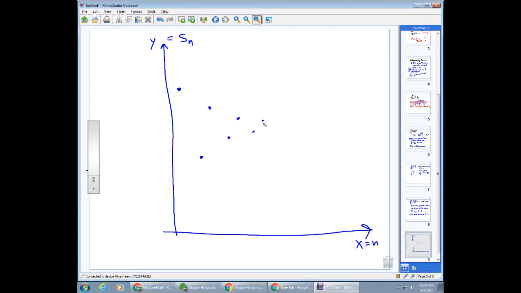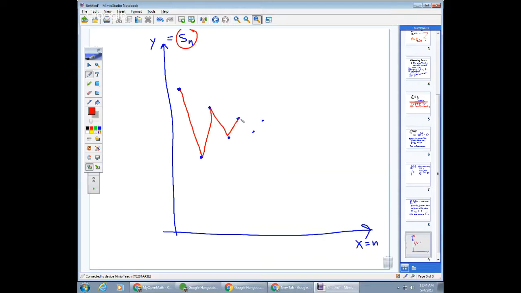Okay, so we had our first term, and then we got to take away something, so our sum dropped down. I'm not graphing the terms, I'm graphing the partial sums here, right? Then I got to add something, so first we had 1, we took away a half. Then we gained a third, but then we took away a fourth, then we gained a fifth, then we took away a sixth, then we gained a seventh, then we're going to take away an eighth. Okay, so what's going on here?